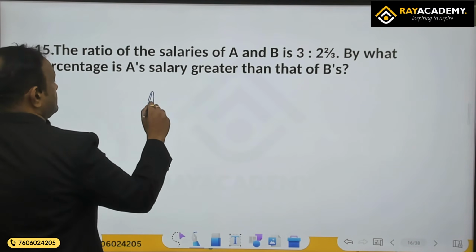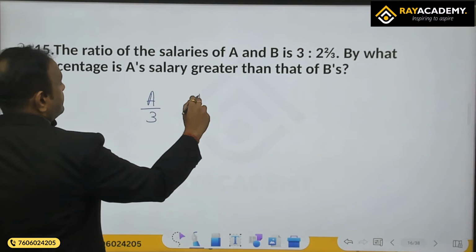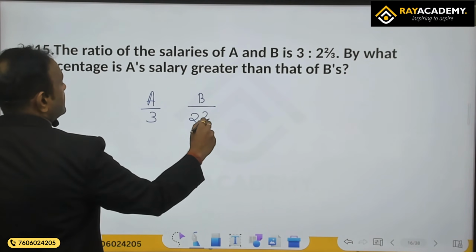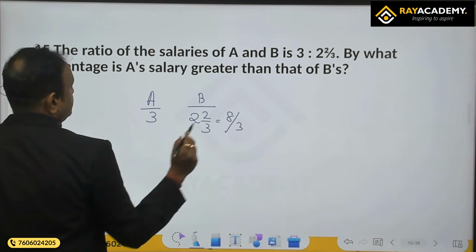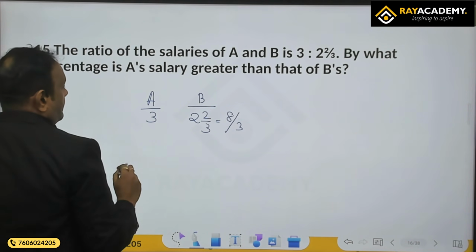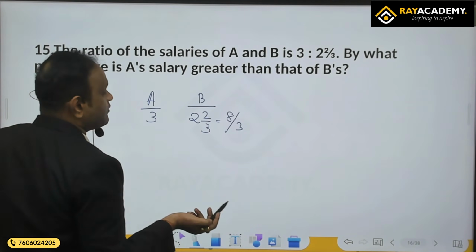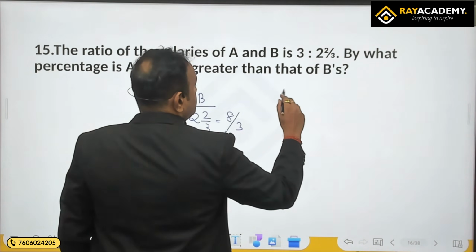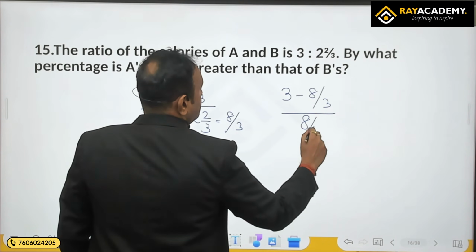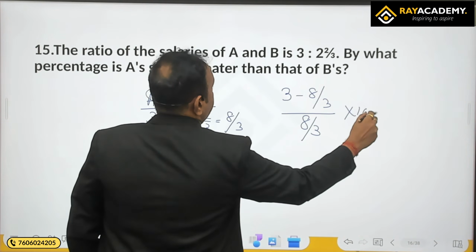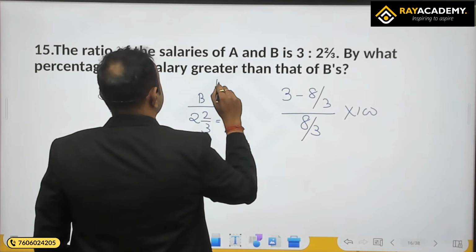Salary of A is 3, salary of B is 2/3, which is actually 8/3. So 3 is how much more than 8/3? So it will be 3 minus 8/3 divided by 8/3 into 100. This is the percentage increase.